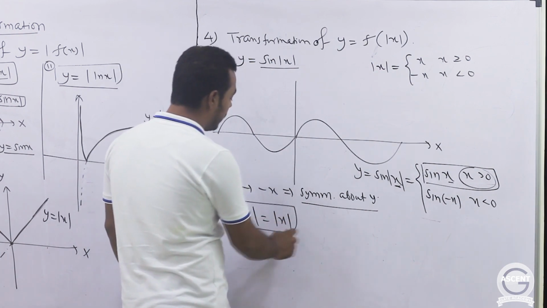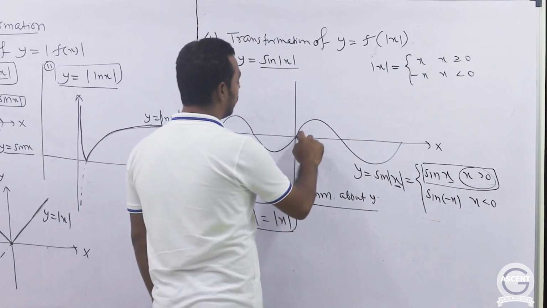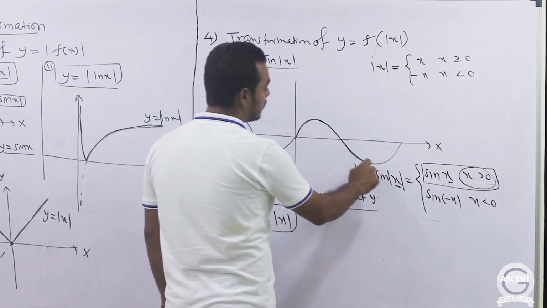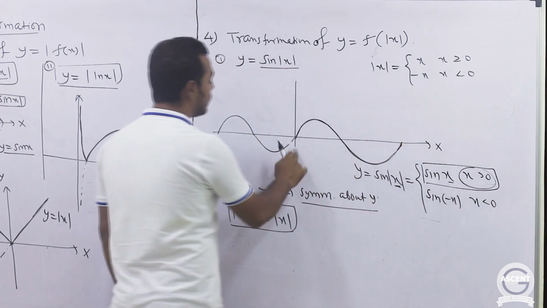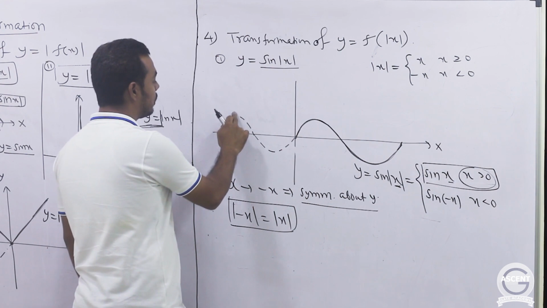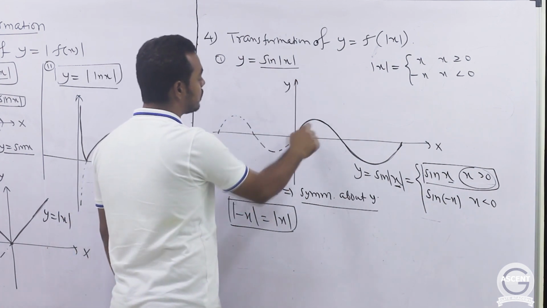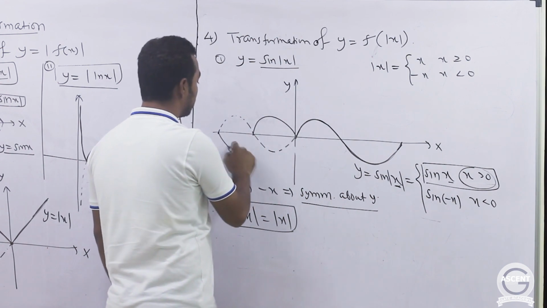This means the graph of sine of mod x is symmetric about the y-axis. So erase the portion of the graph on the negative side and take the image of the positive portion in the y-axis.